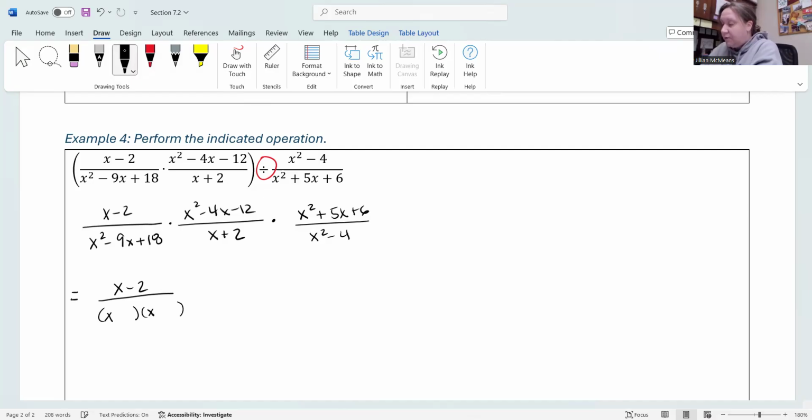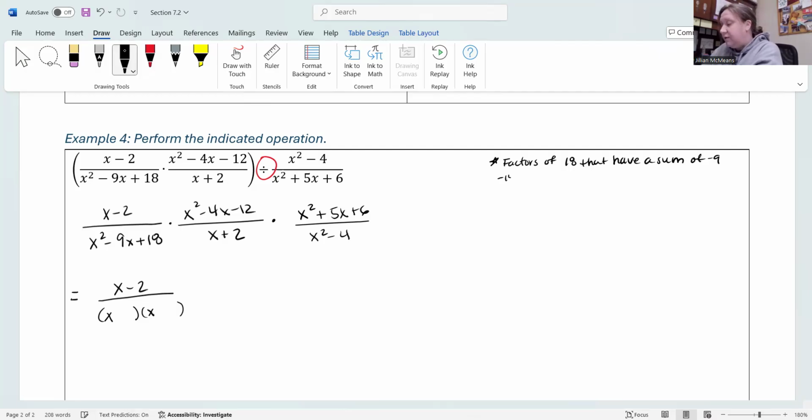And then what I'm looking for is factors of positive 18 that have a sum of negative 9. Well, in order to multiply two numbers and get positive 18, both of the factors have to be positive or both of the factors have to be negative. In order to get a negative sum, those two factors would have to be negative.